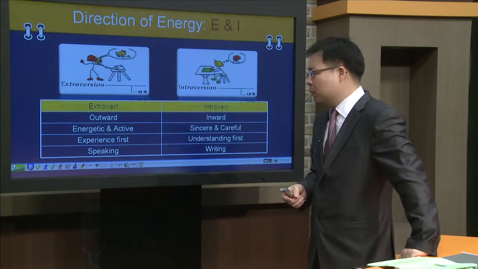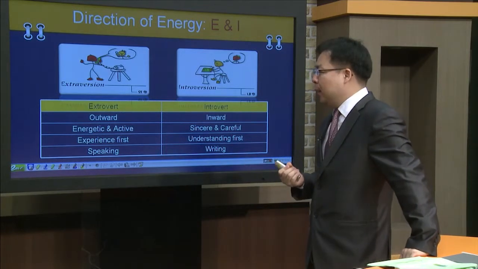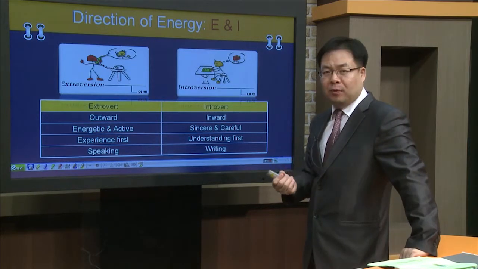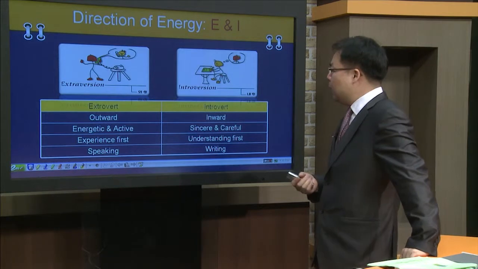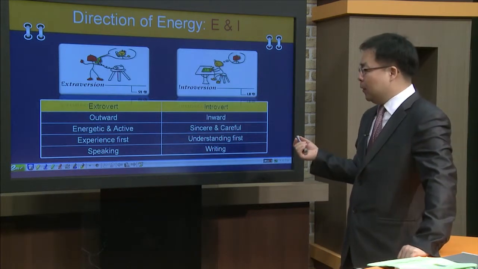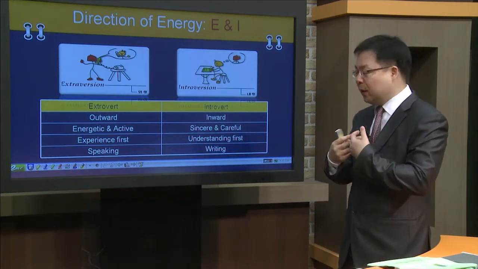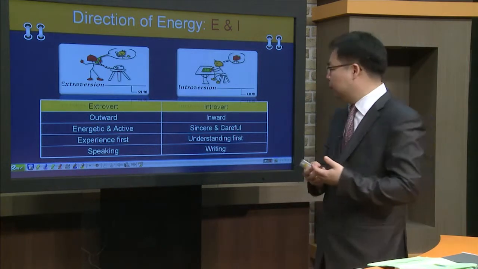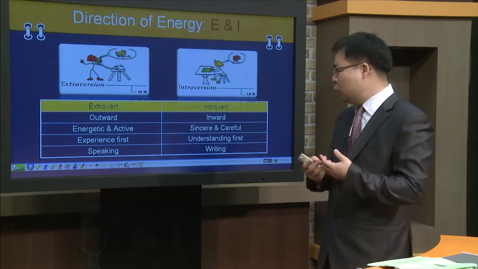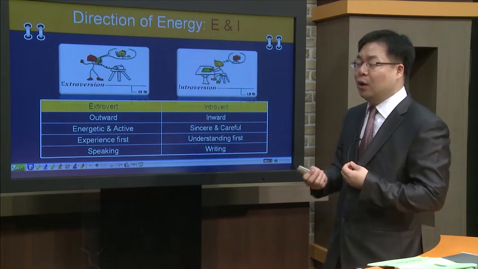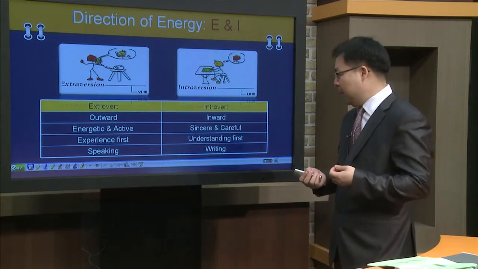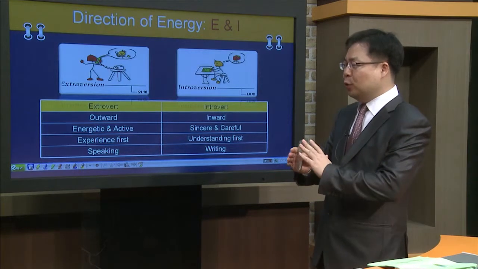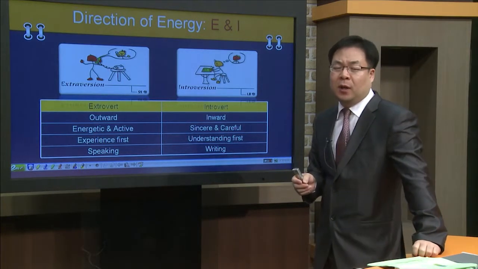An extrovert person is outward, energetic, and active, experiences first, and prefers speaking. On the other side, an introvert's energy focuses on the inside, and they are sincere, careful, and pretty calm, they try to understand before doing, and they prefer writing. The strength of the preference is also different.